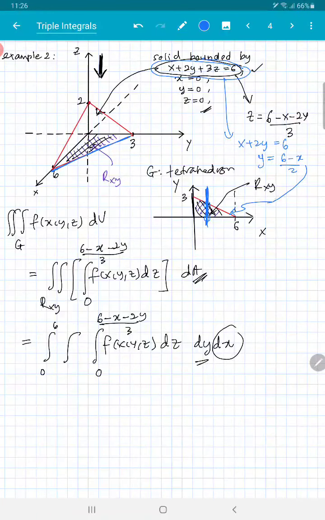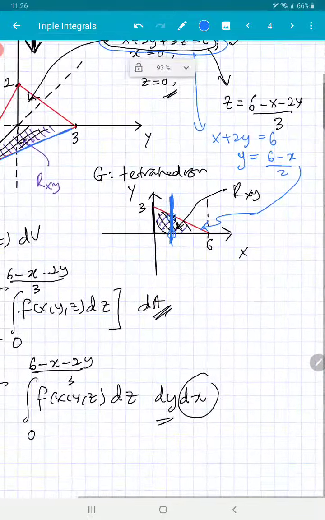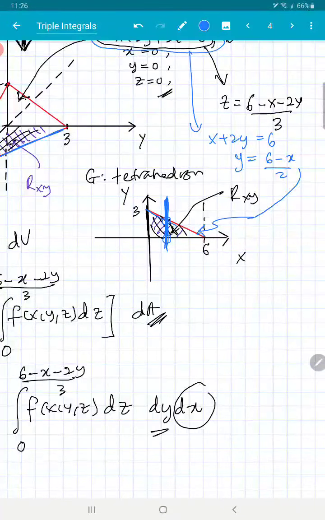Or you can also get the equation of this line by using y equals mx plus c, using 2 points, one is (6, 0) and the other point is (0, 3). From here you can get your m.